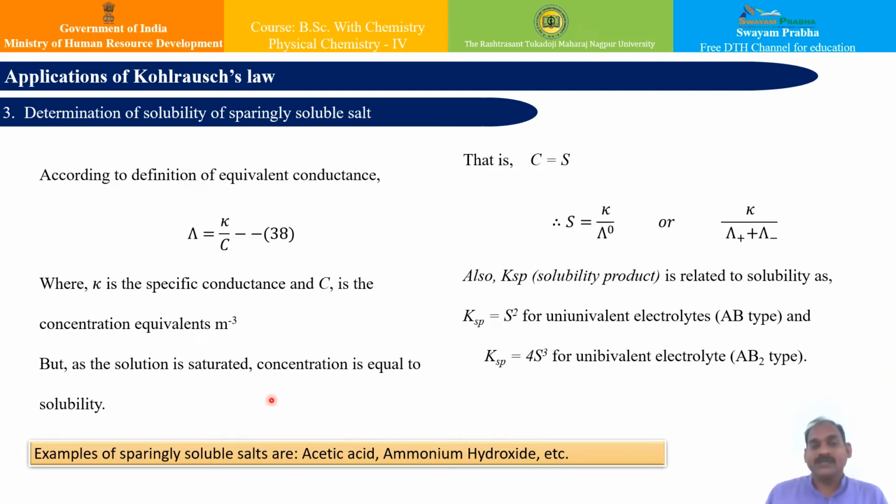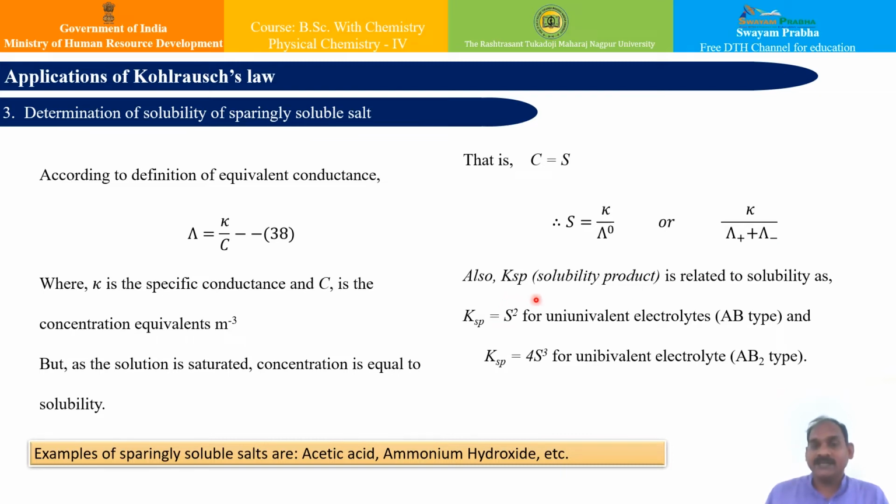But as the solution is saturated, the concentration is equal to the solubility, that is, C is equal to S. Therefore I can substitute this value, and the solubility is equal to the specific conductance upon the equivalent conductance at infinite dilution. Or I can substitute the other value of lambda 0, that is, specific conductance upon lambda plus plus lambda minus, which is nothing but the equivalent conductance at infinite dilution.